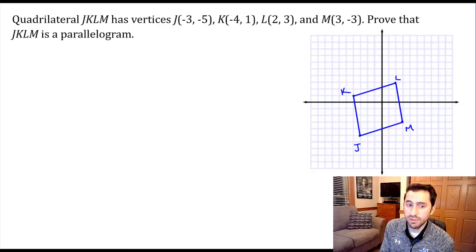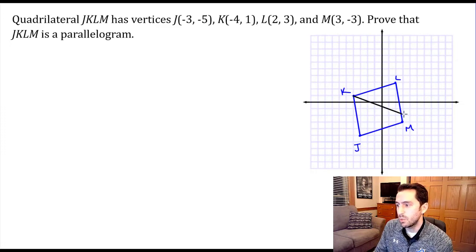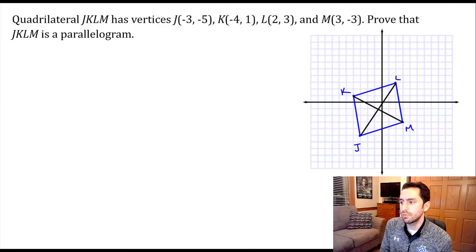As I explained, if the diagonals bisect each other, they cut each other in half, which means that they have to have the same midpoint. So if I draw in these two diagonals, what we want to show is that this intersection is the midpoint of both of these diagonals.